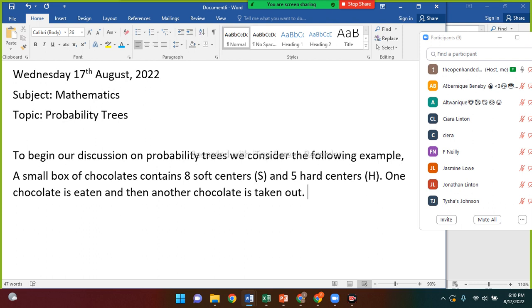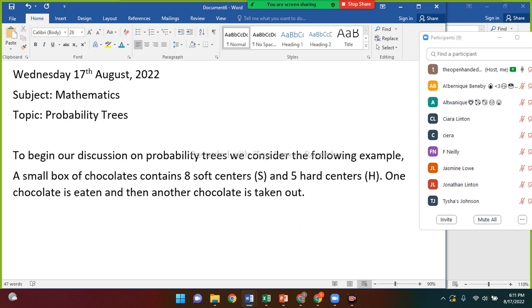So here we have an illustration whereby we have a box of chocolates. It has 8, 9, 10, 11, 12, 13 chocolates inside this box: 8 with soft center and 5 with hard centers.